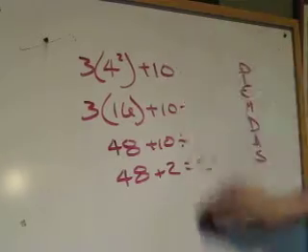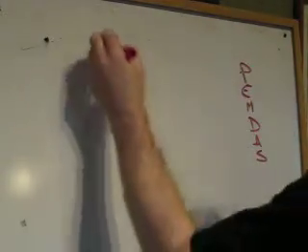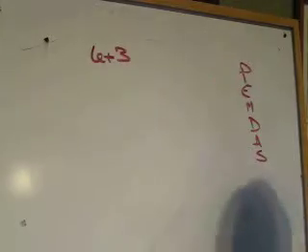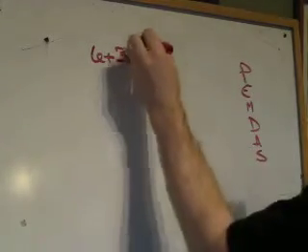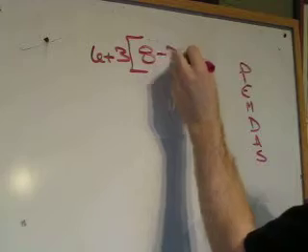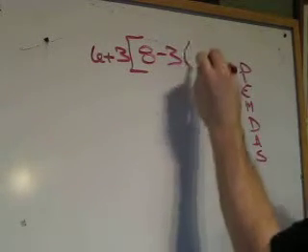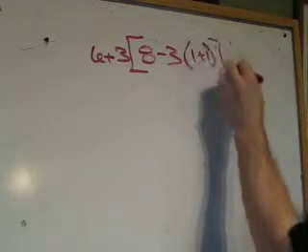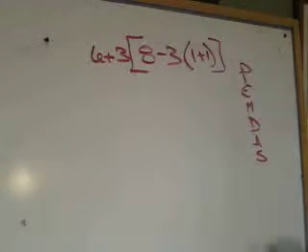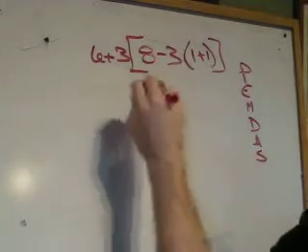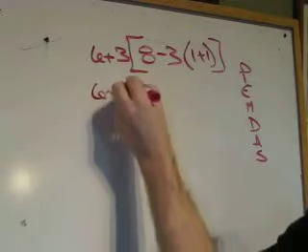Alright, let's do number 70. 6 plus 3, and then we're going to multiply that by 8 minus 3, and then parentheses 1 plus 1, and then end like that. Alright, we're going to do what's inside the parentheses first.